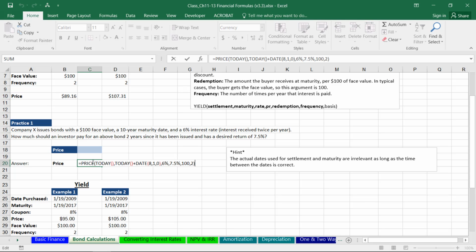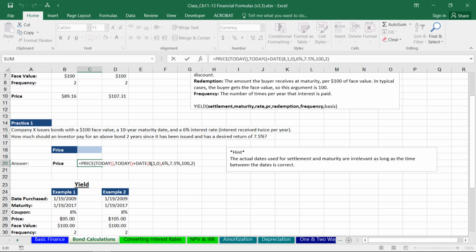You'll notice this first part of the equation. For the date, I've put in today's date. Now I need the second date that is exactly 8 years into the future. In this case, I've put today plus, and I've used the date formula, 8 years exactly.